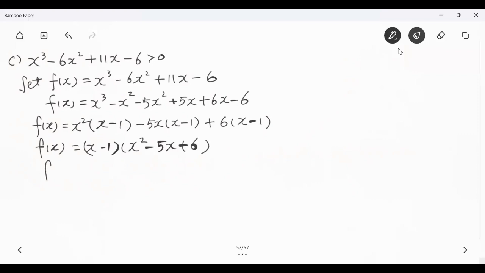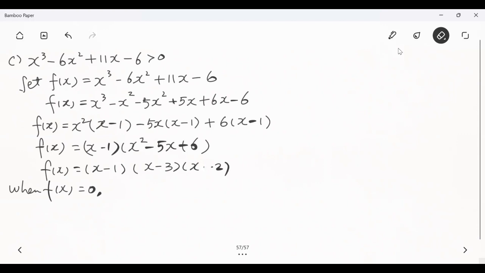Then keep going. The coefficients are negative 5 and 6, so we can use x minus 3 and x minus 2. So f(x) equals x minus 1, x minus 3, and x minus 2.